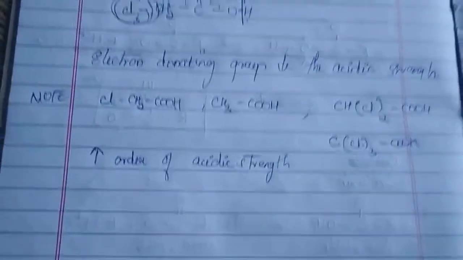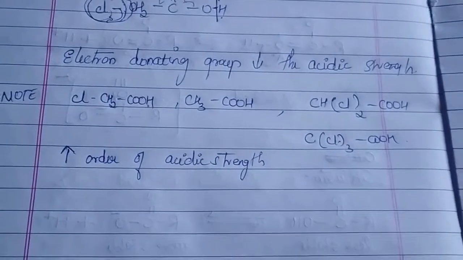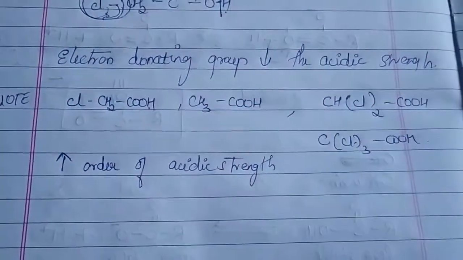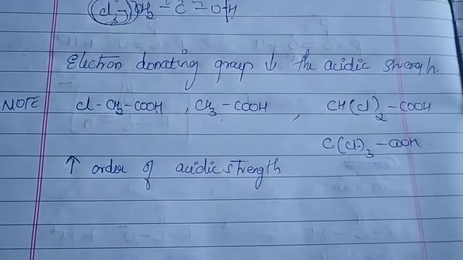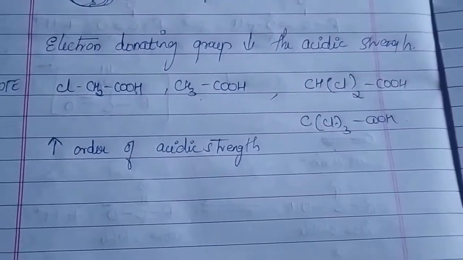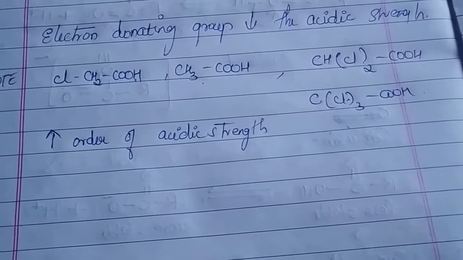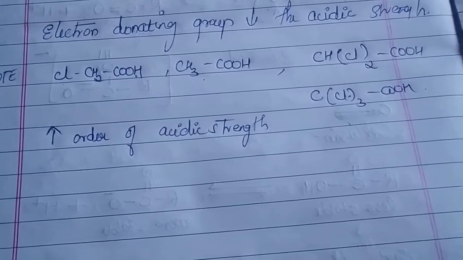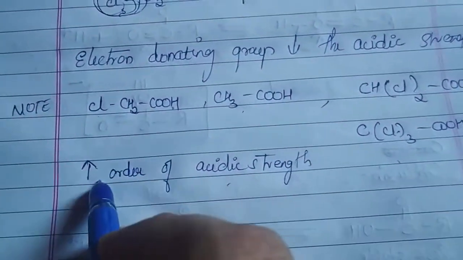Of course, what we came to know is that whenever electron withdrawing groups are present, it increases the acidic strength. But in the given question, all are electron withdrawing groups. So how will you utilize your brain now? Remember, as the number of electron withdrawing groups increases, acidic strength also increases.